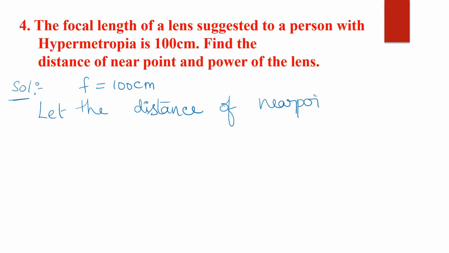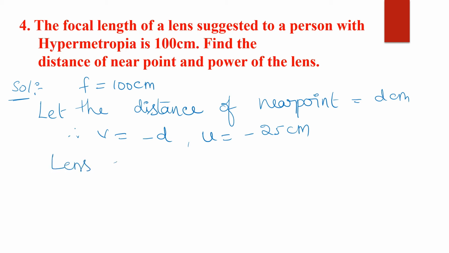So, therefore, v is equal to minus d and u is equal to minus 25. u denotes the object distance, v denotes the image distance.